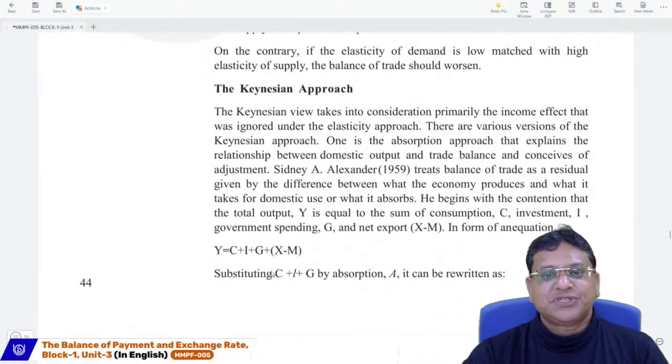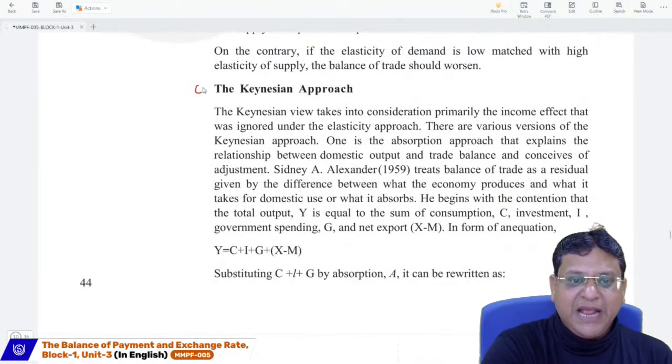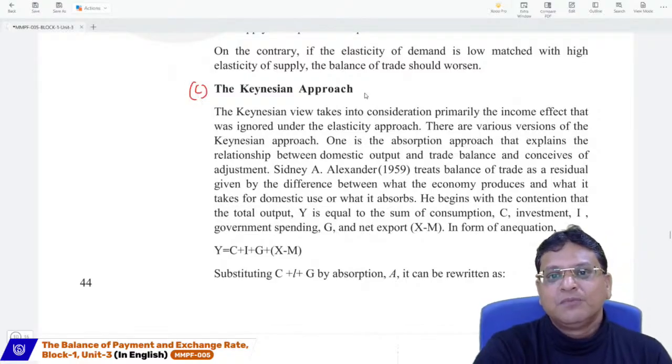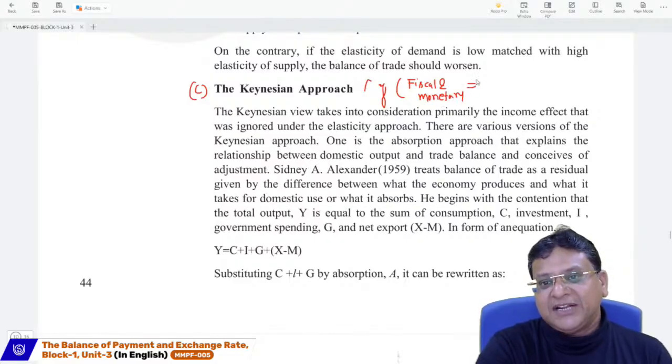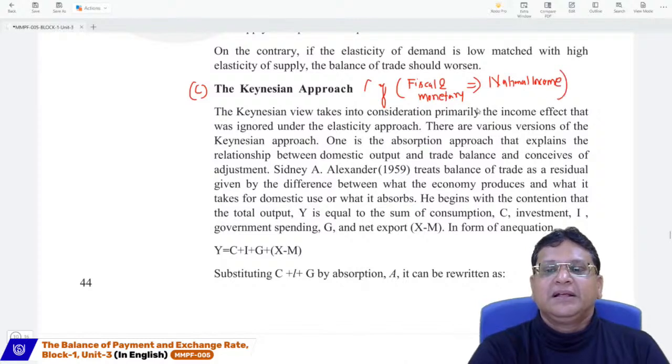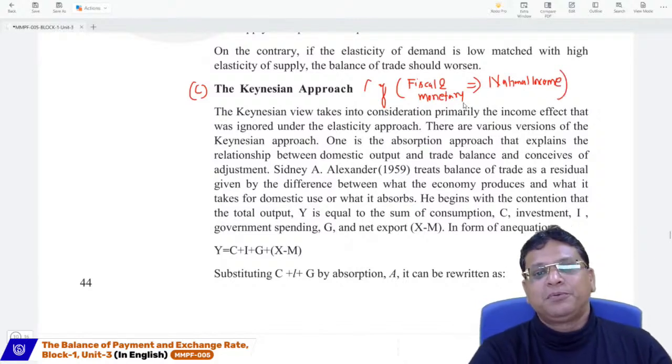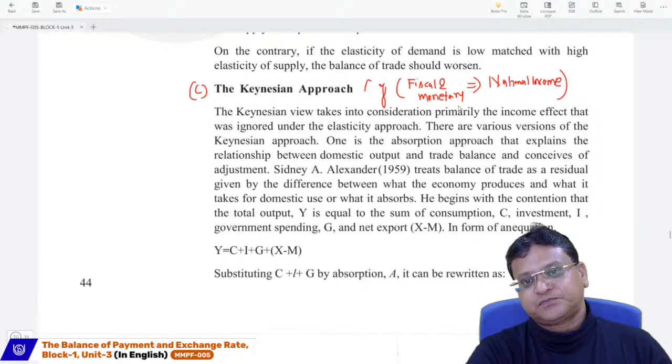The Keynesian approach tells that BOP adjustment can be done through fiscal and monetary policies. With fiscal and monetary policy, we can adjust our national income, and by adjusting national income, we can solve the problem of BOP disequilibrium.